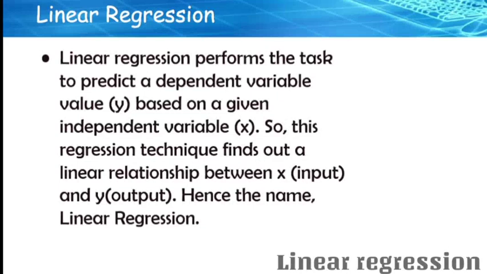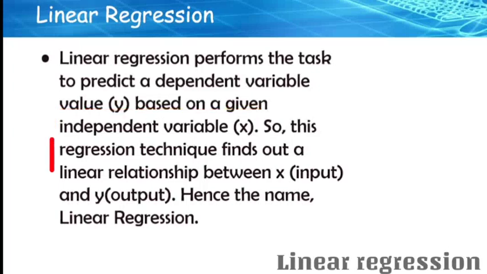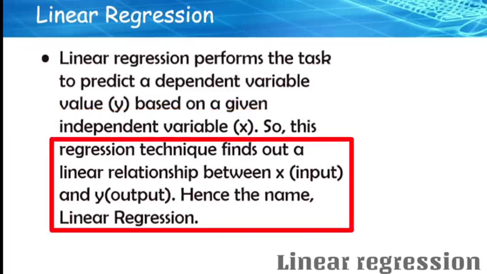It finds how the value of the dependent variable changes according to the value of the independent variable. So this regression technique finds a linear relationship between those two. Hence the name linear regression.